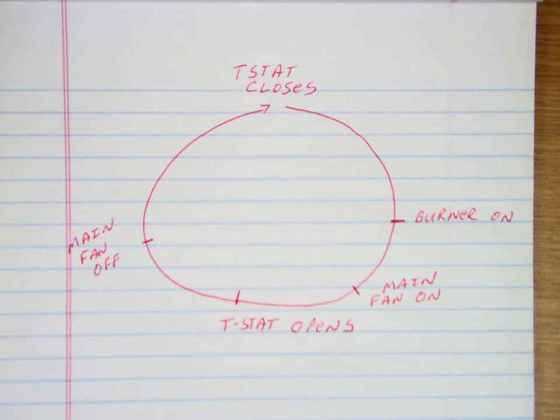The control system is virtually the same. It varies by manufacturer, of course, but the principles of the control circuit on a mid and high efficiency furnace are both the same.